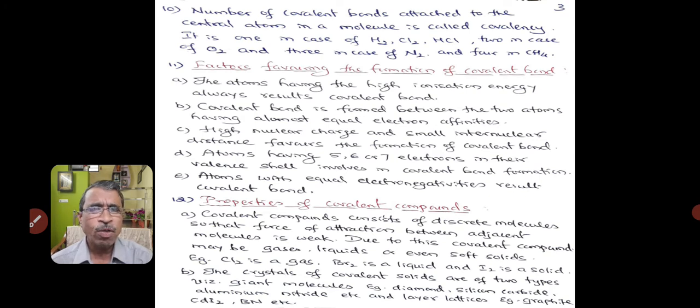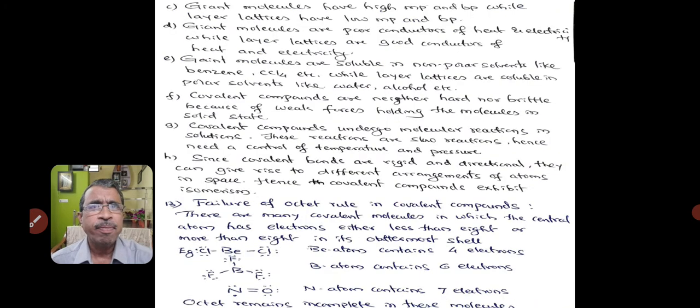The crystals of covalent solids are of two types, namely giant molecules, for example diamond, silicon carbide, aluminium nitride, etc., and layer lattices like graphite, cadmium iodide, boron nitride, etc. Giant molecules have high melting and boiling points, while layer lattices have low melting and boiling points. Giant molecules are poor conductors of heat and electricity, while layer lattices are good conductors.